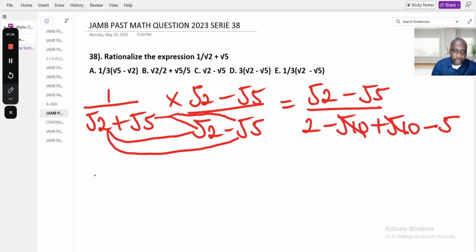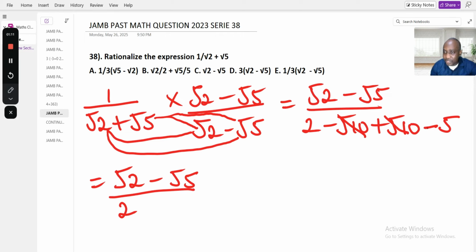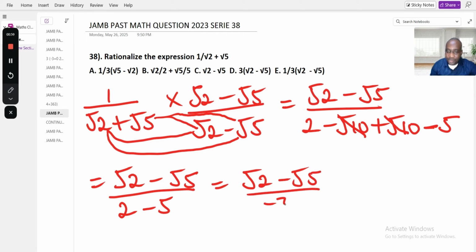so it's going to give us what? Square root of 2 minus square root of 5. What do we have down? We have 2 here minus this minus 5. It's going to give us 2 minus 5, which is equal to minus 3.